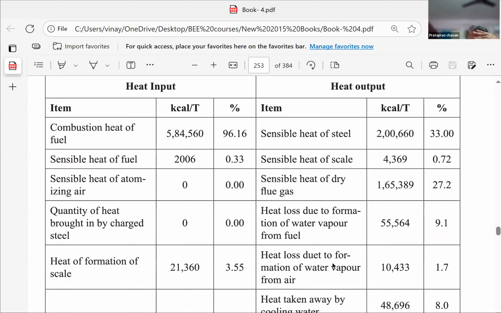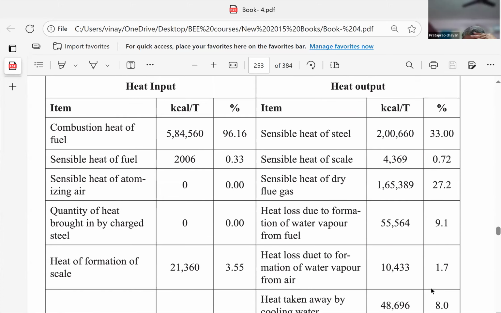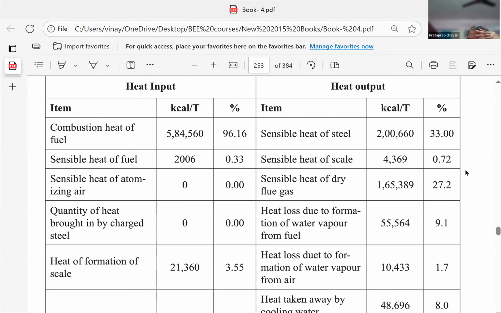Both the values he has given and we have calculated the loss. Then heat taken away by the cooling water is so much. Radiation heat losses are so much. And other unaccounted losses are 5.2 only. So the total heat balance gives you, out of so much heat input, useful heat output is only so much.